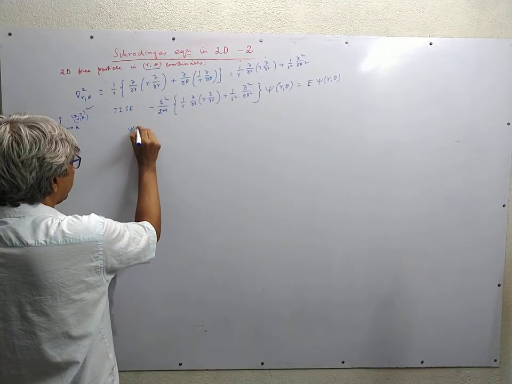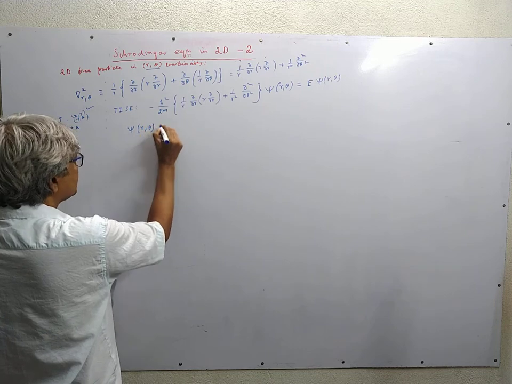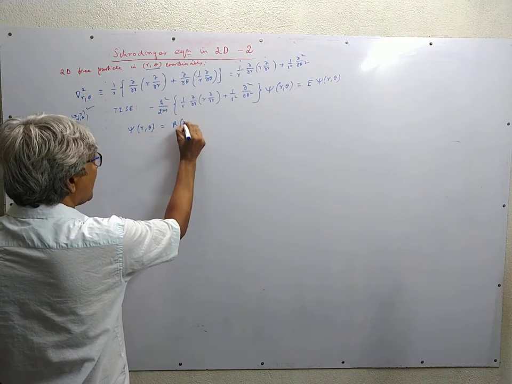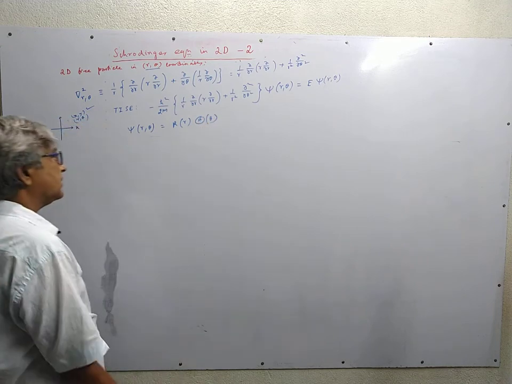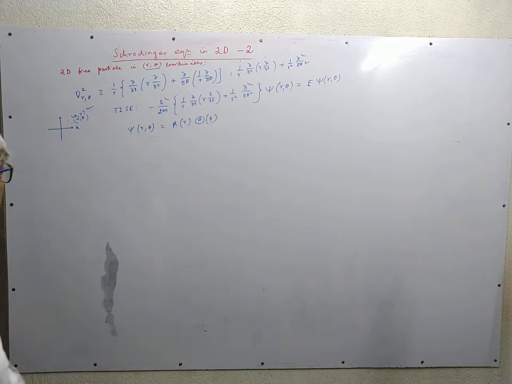According to the separation of variables technique, we write the wave function as capital R of r times capital Theta of theta, where capital R is a function of r only and capital Theta is a function of theta only.